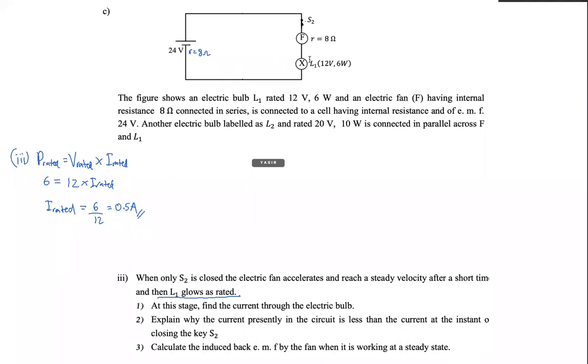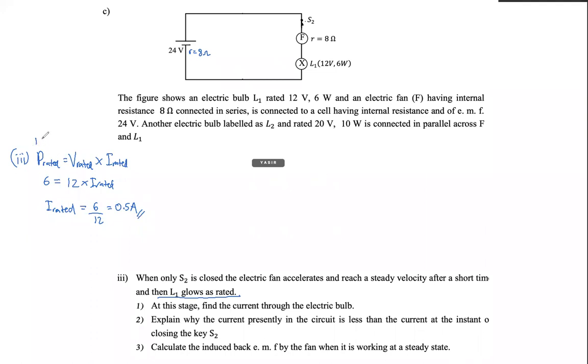So that's a weird thing now. According to the previous question, we got a current which is 0.6. Oh my goodness, now this is a problem. There's no other way of doing it, right? 0.5 ampere. Let's see.